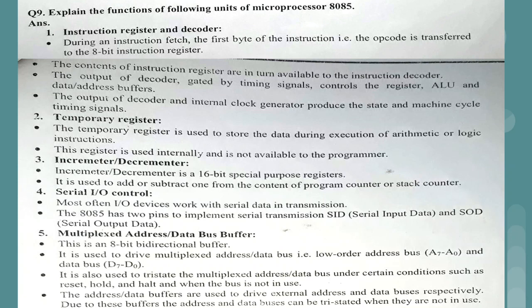The output of the decoder and the internal clock generator produce the state and machine cycle timing signals. In a microprocessor we have one concept, that is the machine cycle, that is how much time it requires to execute the instruction.